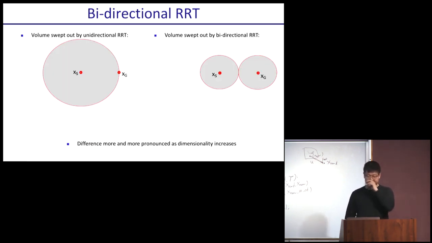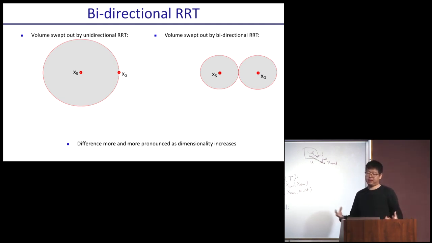So with RRT in our hand, we can do bidirectional RRT. Suppose we want to go from XS to XG on the left. We expand the tree toward different directions, and when the circle touches XG, we find the goal XG.